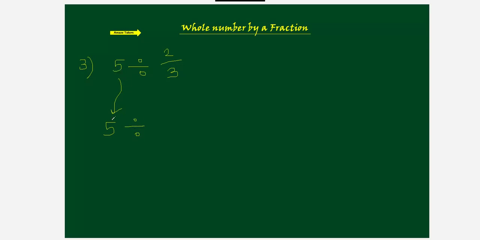Keep the same number because we are going to flip only the second fraction. So here, change this sign to multiplication, flip 3 by 2. Isn't it? Keep, change, and flip. That is the method.